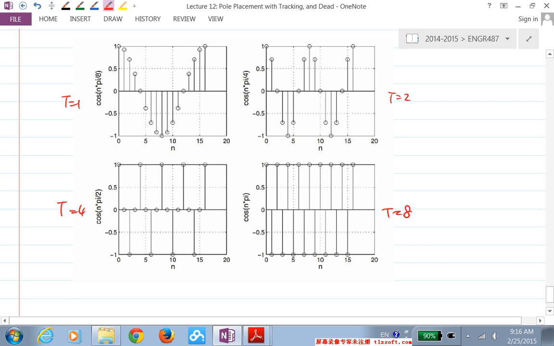So first of all, tell me which one you think has a higher frequency? T equal to 8. Why? Because it goes here, here, that's finished one period, right? Then it goes again. That makes sense, right? This one has the highest frequency.